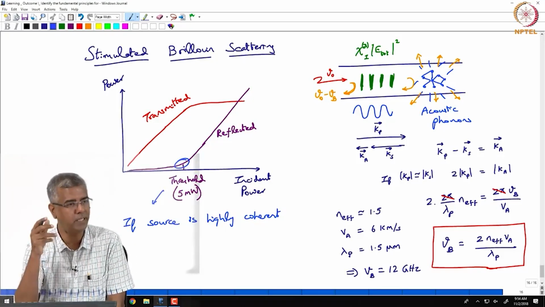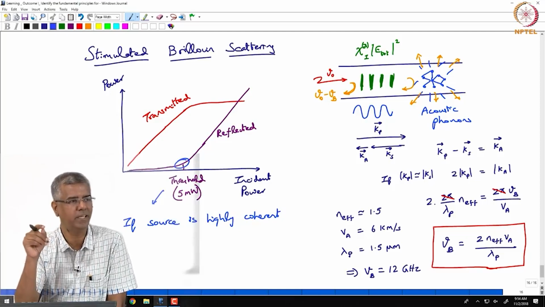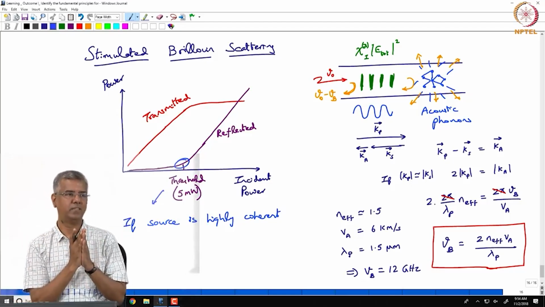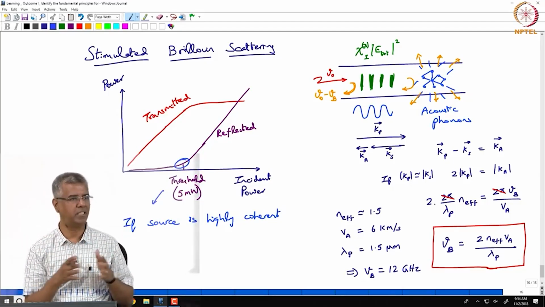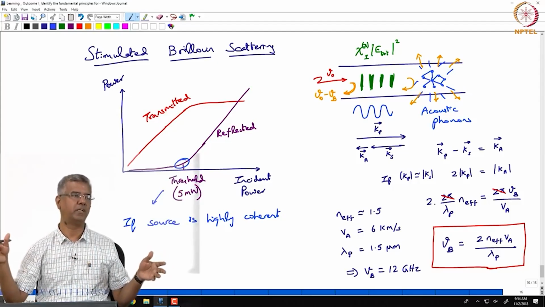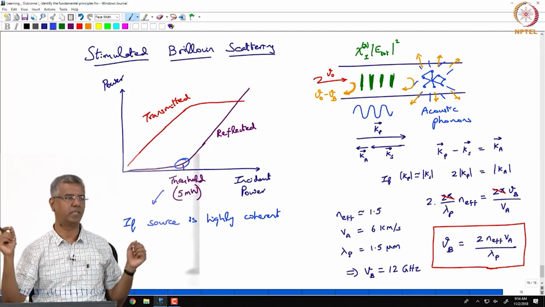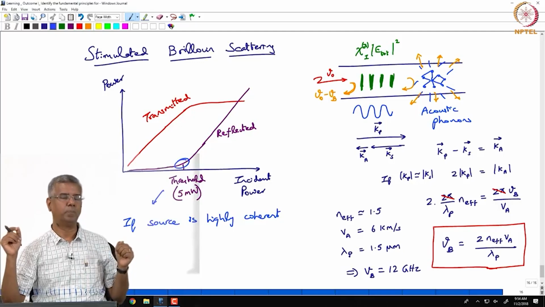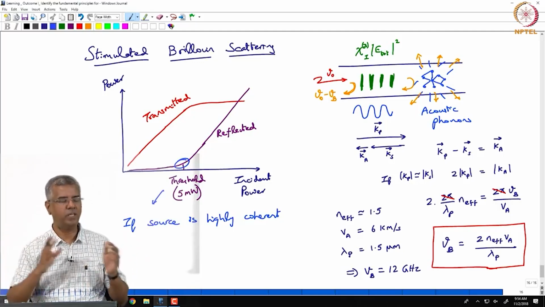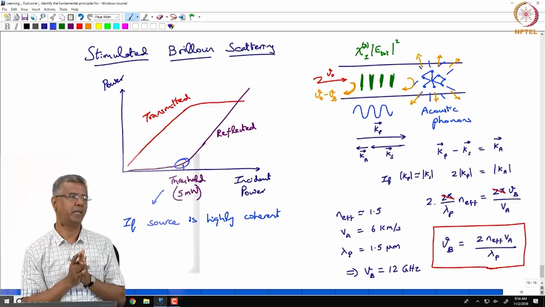But you need coherence in communications. Why? The narrower the line width, the less dispersion you incur in your optical fiber communication system. So that's why you try to go for a highly coherent laser like a distributed feedback laser.